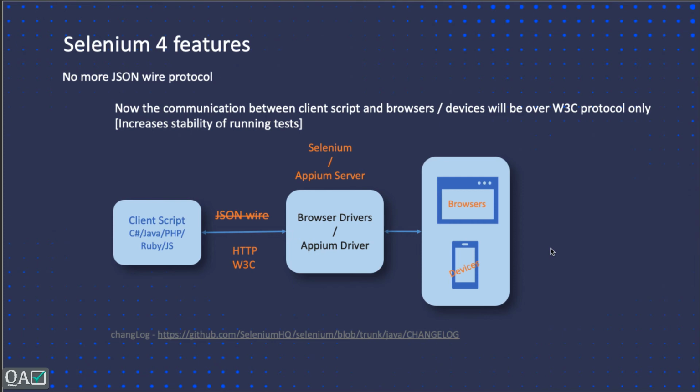But with respect to this Selenium 4 feature, as we have come to know, it will reduce the compatibility issues, and it will increase the stability, and that stability will in turn impact our test case execution, I mean, positively. It means that now your test cases will run a bit faster than what we were doing in earlier versions of Selenium.